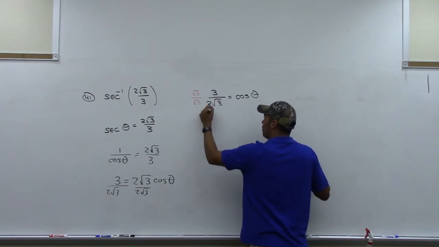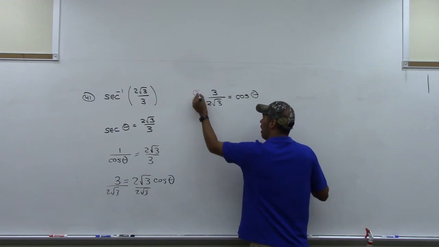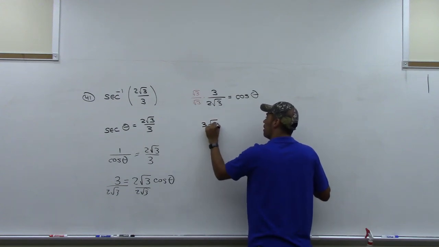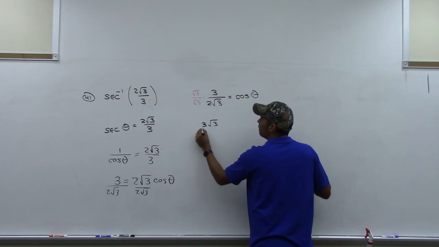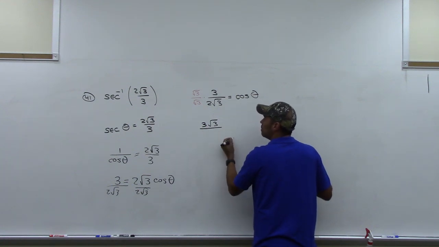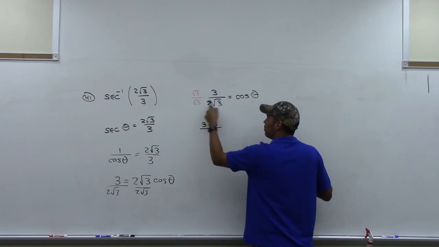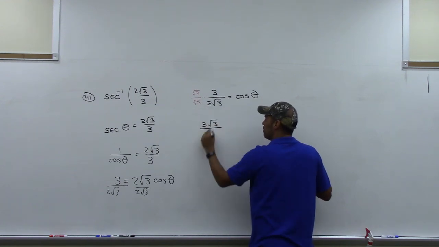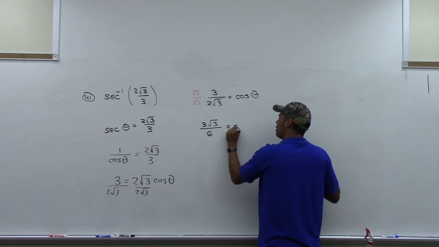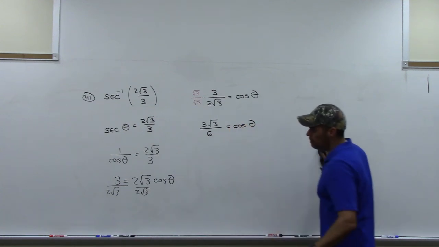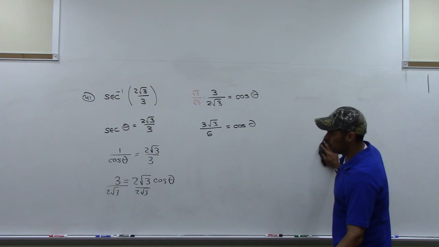If we multiply top and bottom by root 3, then on the top, you get 3 root 3, and on the bottom, root 3 times root 3 is 3 times 2 is 6. So you get cosine theta. Did I mess something up here? 2 root 3, 3.